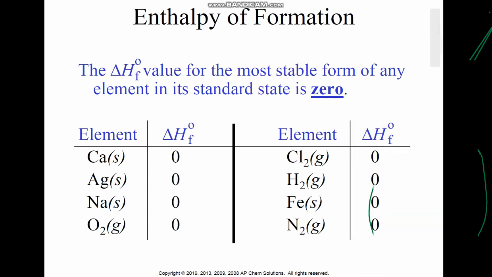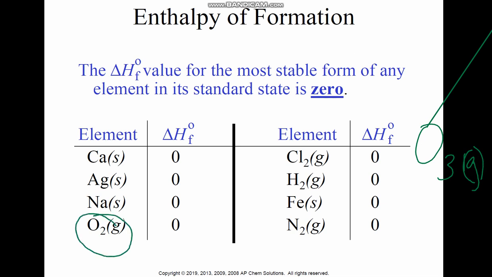So these are not going to have enthalpies of formation of 0 because they're not the most stable. Also O3 can exist under standard conditions as a gas, but it is not as stable as O2. O2 is much more stable, so that's going to have an enthalpy of formation of 0.